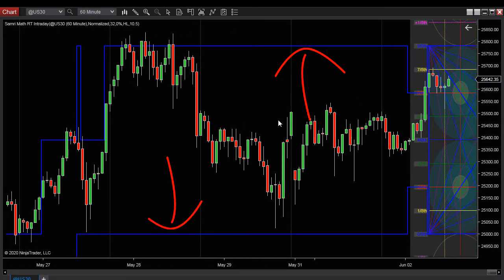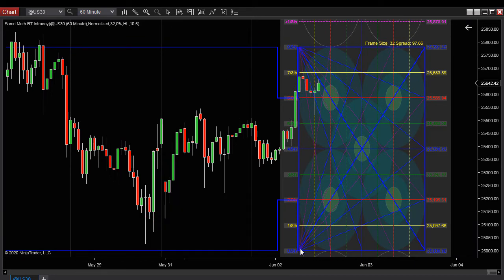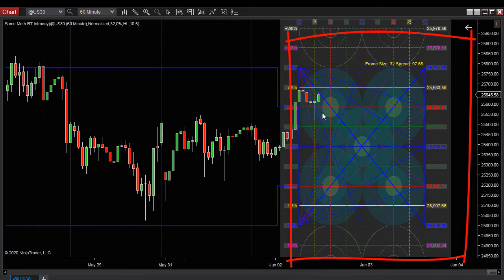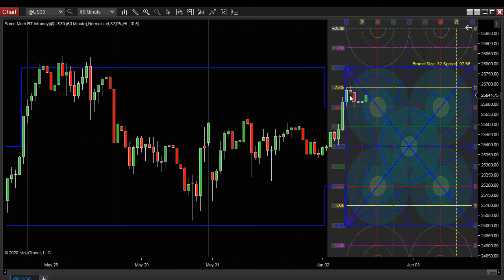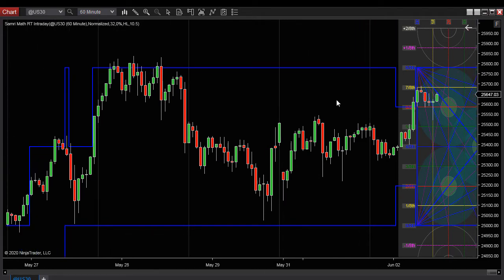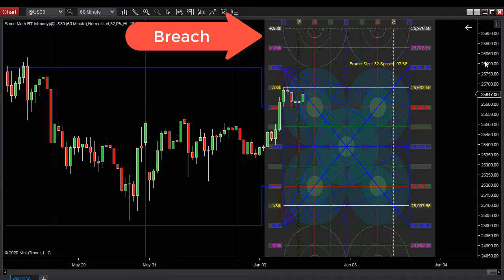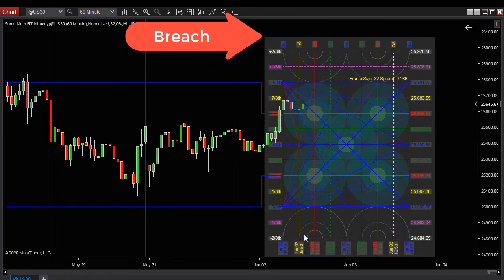Now the advantage of this indicator is that not only do you see the current trading frame, this grid here or square-like formation is your current trading grid, but this grid will change over time depending on your settings and depending on whether the price reaches or breaches through the extremities of the +2/8 and the -2/8.